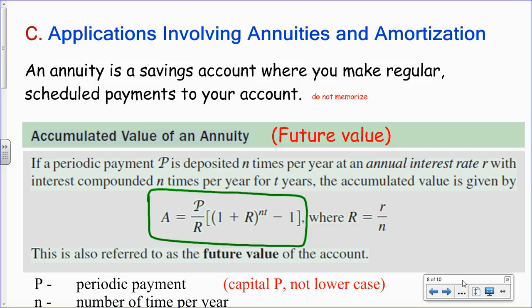So this capital P, like cursive P, is what you're depositing. What you're depositing. It's that regular scheduled payment. Capital R is your rate divided by the number of times you compound.